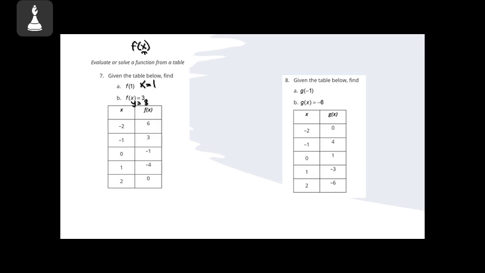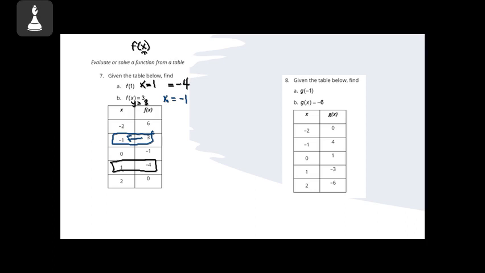So I find x equals 1, and the answer is -4. B is asking me f of x equals 3. So now I'm going to look in the f of x column for 3. What x gave me that value? Well, x of -1 gives me that value.